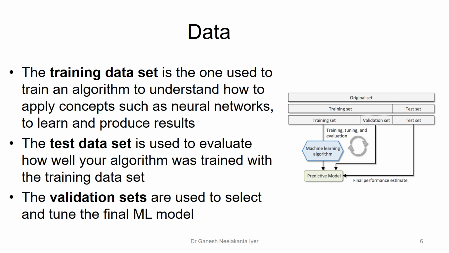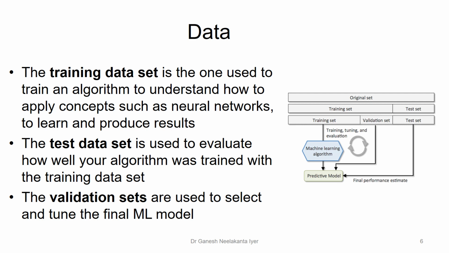So now let me give you a recap of training data versus test data, and also tell you what a validation data is. So the training data set is the one used to train an algorithm to understand how to apply concepts. If you remember, we spoke, assume you have 1000 images in the database. Maybe a 70-30 split is used to train the data, train the network, train the model.